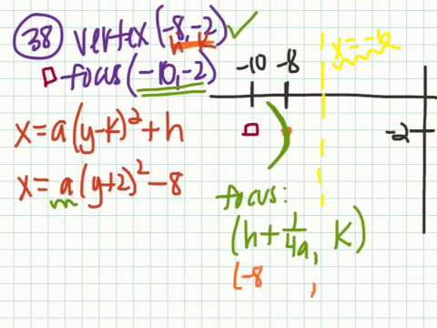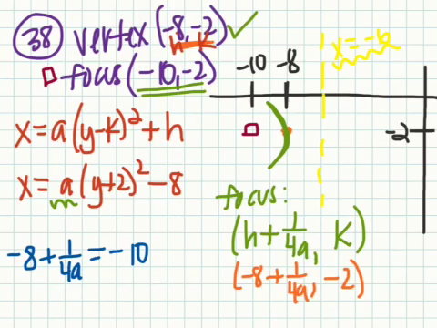We know k is -2. What we don't know is a. But we know what the focus is supposed to be: -10, -2. So the -2's already match up, but -8 plus 1 over 4a is supposed to equal -10, because that's the given focus.